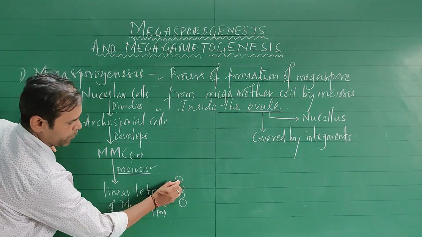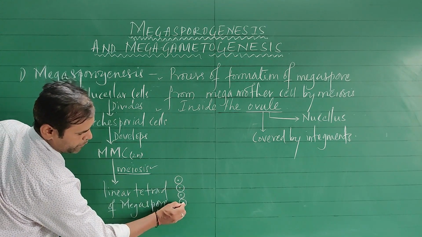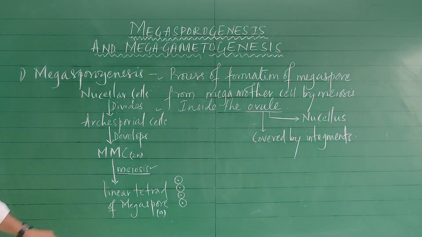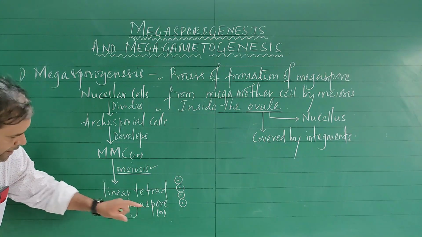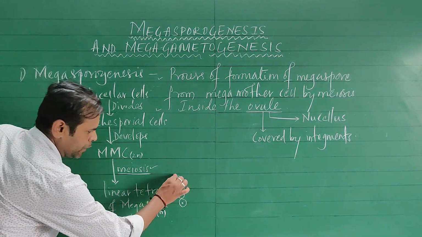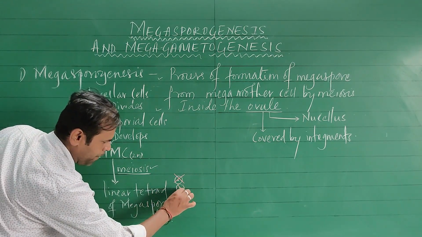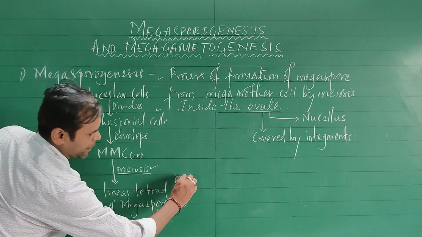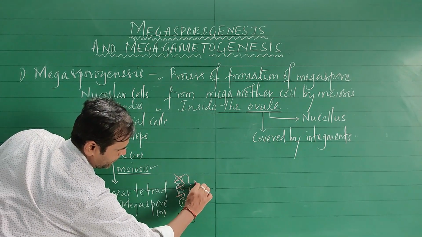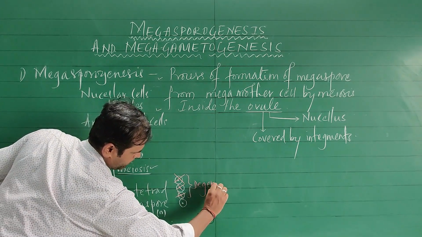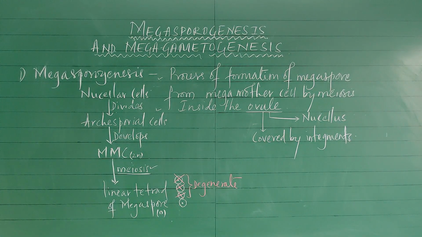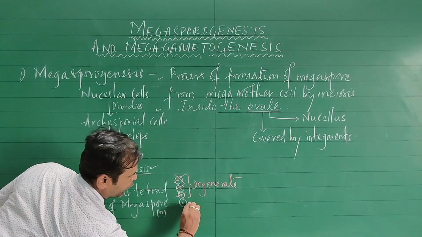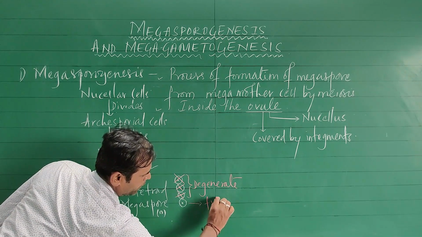They are linear in position. Now, out of these 4 linear tetrad of megaspore, generally the upper 3 will degenerate, and the lower one remains functional.